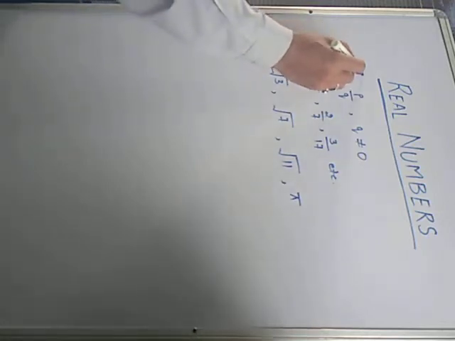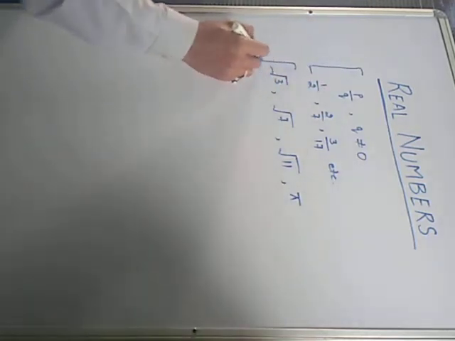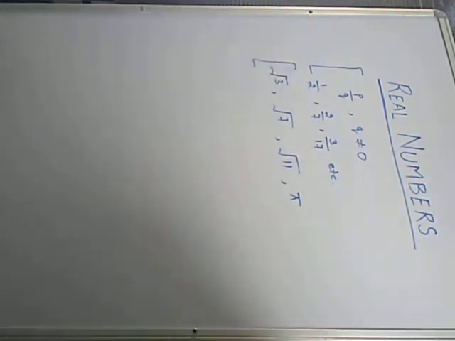So these are rational numbers and these are irrational numbers. Now, real numbers: real numbers include both rational numbers as well as irrational numbers. So in this chapter, we will learn about real numbers, rational numbers and irrational numbers.